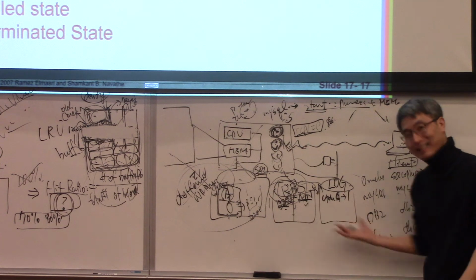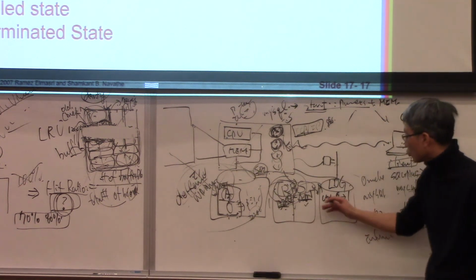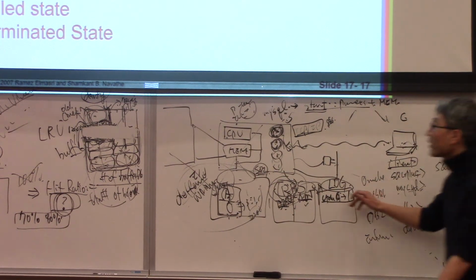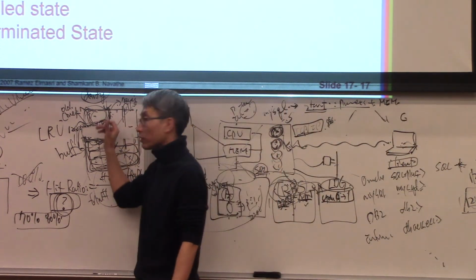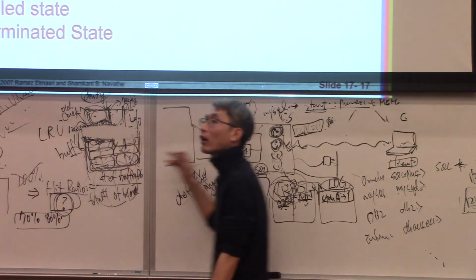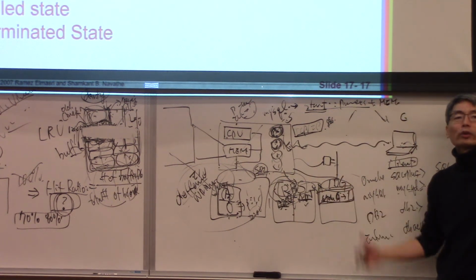This is the last action of the commit. If you cannot write this, you cannot commit. This is also buffered, a log buffer for speed, but during the commit it is always written to the log.